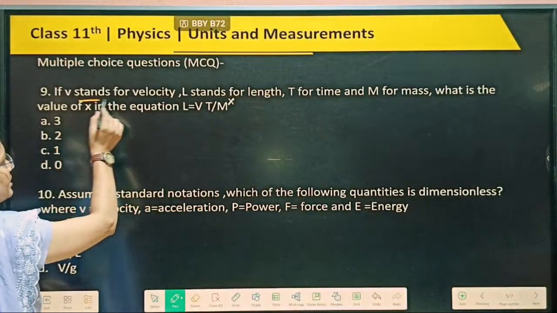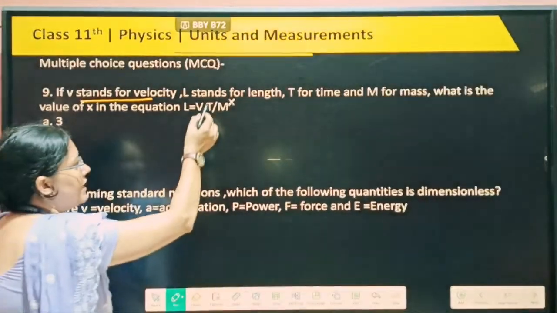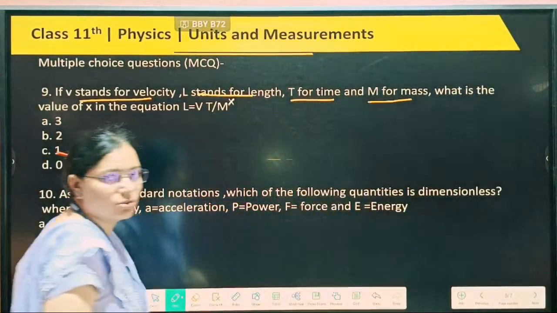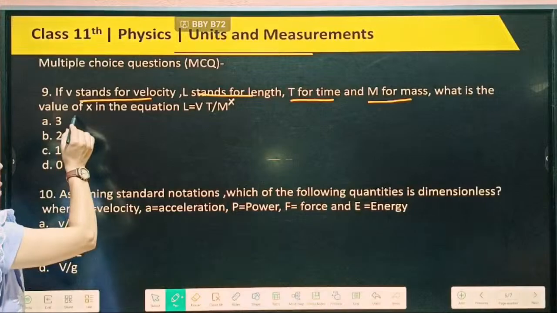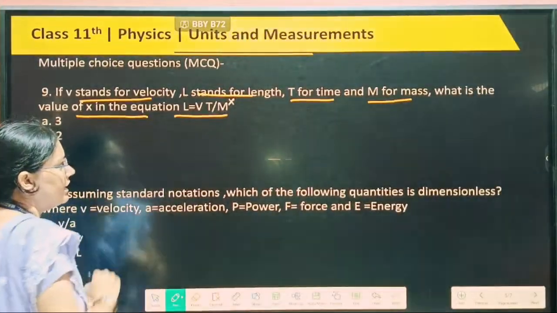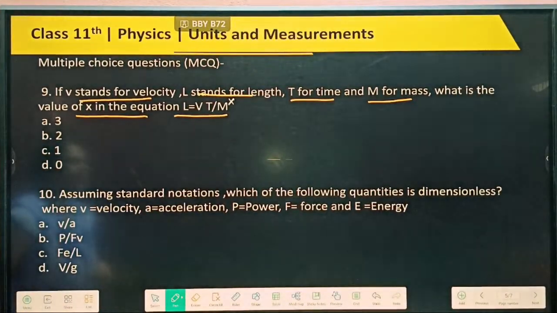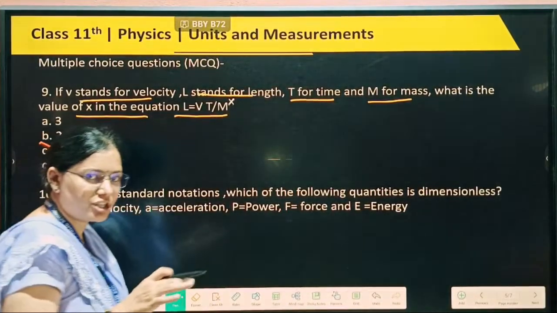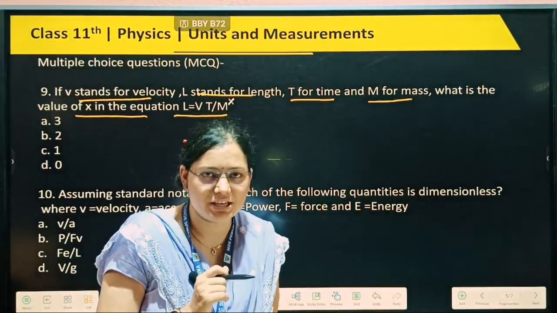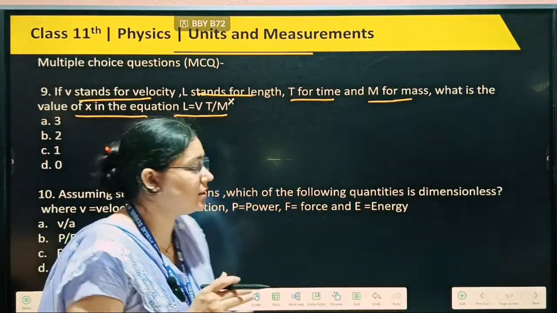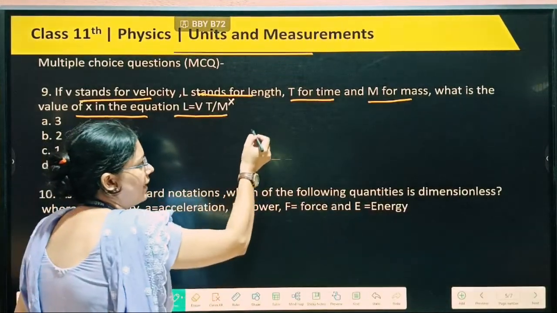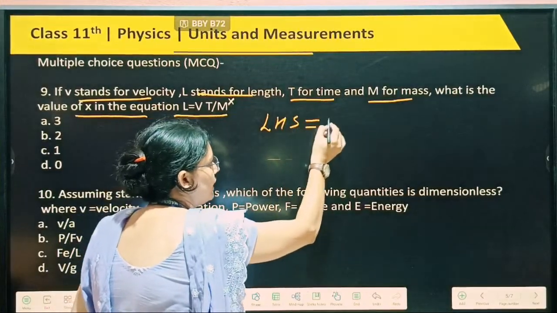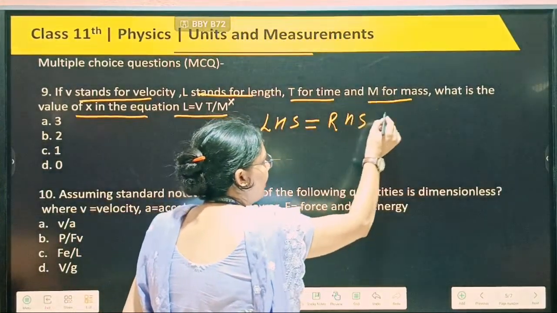If V stands for velocity, L stands for length, T for time, M for mass. Okay, then what is the value of x in this equation? Here this relation is given, and you have to find the value of x. How can you find it dimensionally, beta? We will write the unit of each term, then check there. Both sides, I told you in dimension analysis, the left hand side should be equal to the right hand side dimensionally.